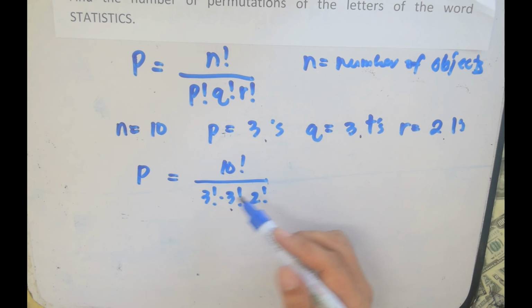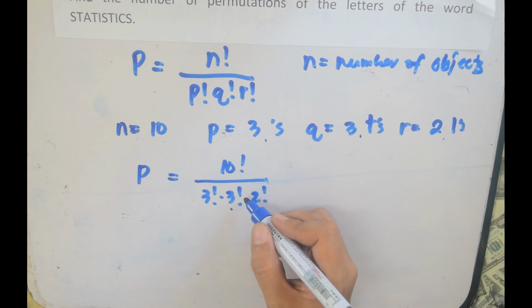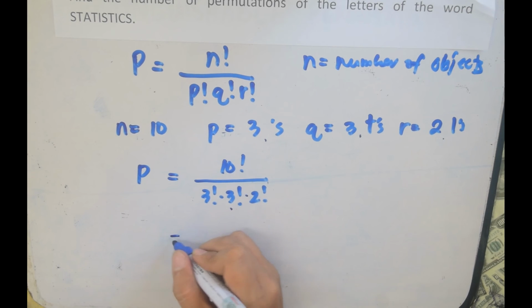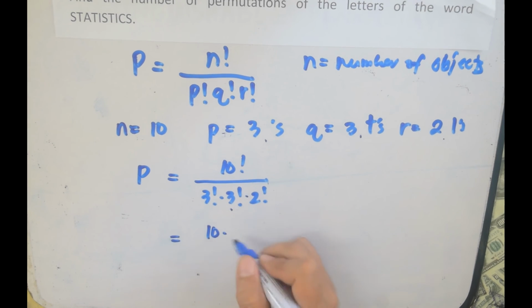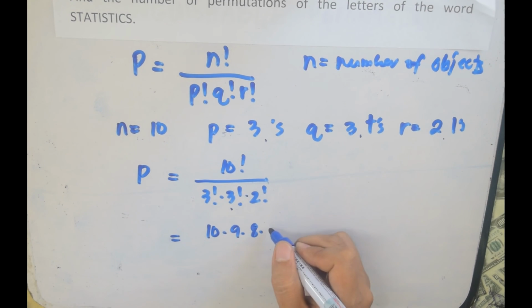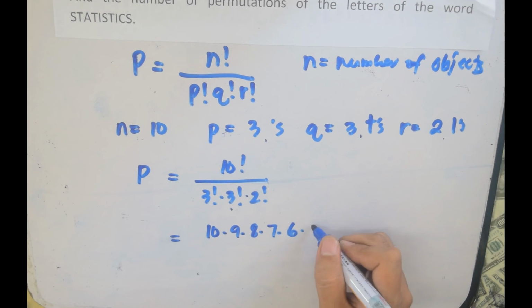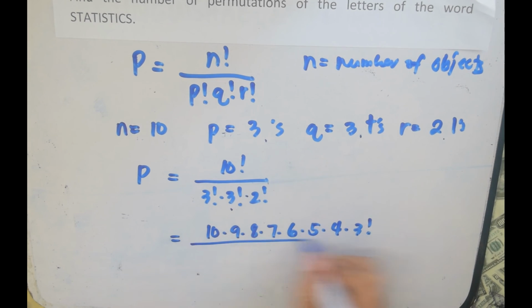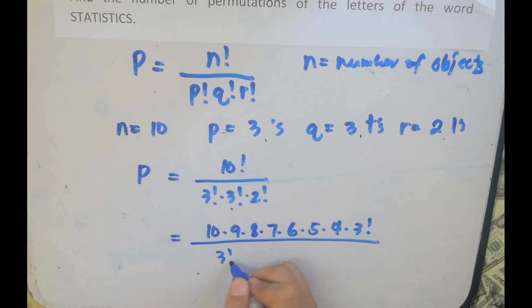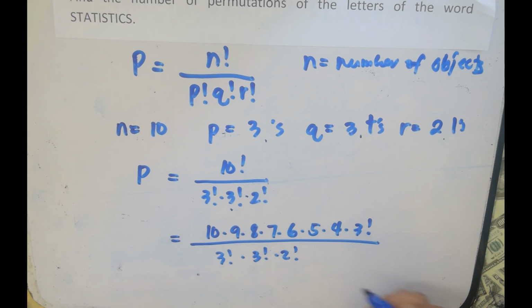So what is 10 factorial? That's 10 times 9 times 8 times 7 times 6 times 5 times 4 times 3 factorial, so that I can cancel this out. That is 3 times 2 factorial. You can cancel this out.